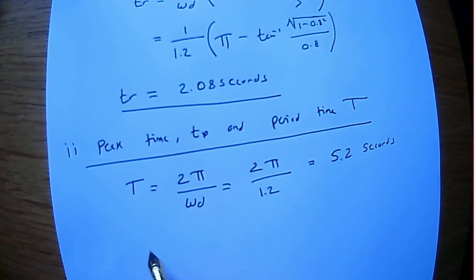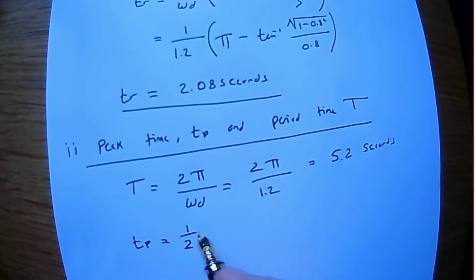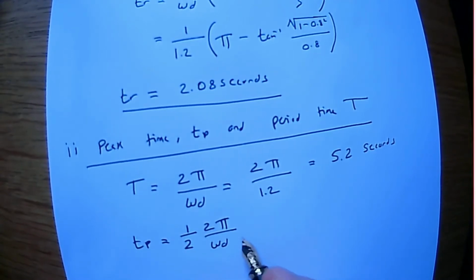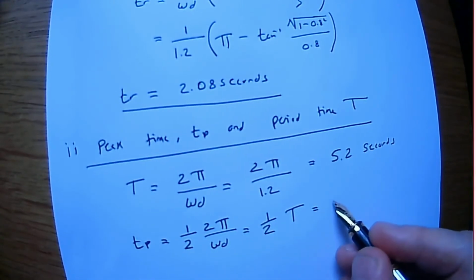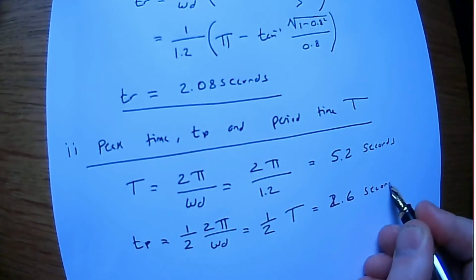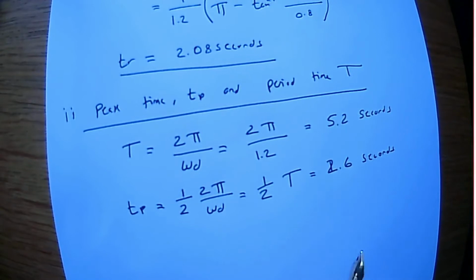Then TP, the peak time, is where you're at your highest in terms of the amplitude of the overshoot on the response. It is half of 2 pi over the damped frequency, which is effectively just half of T, in this case 2.6 seconds. So we've worked out the period time and peak time.